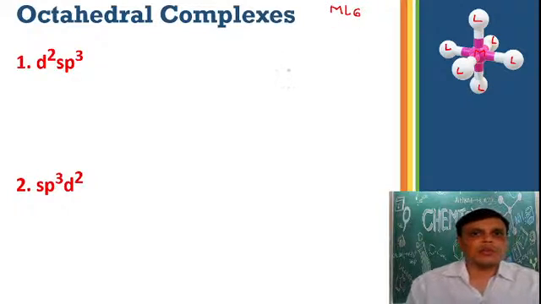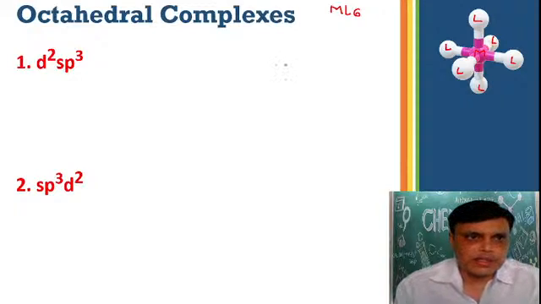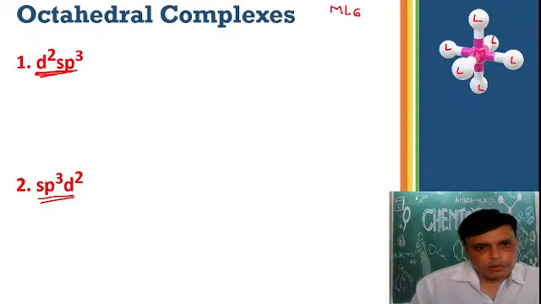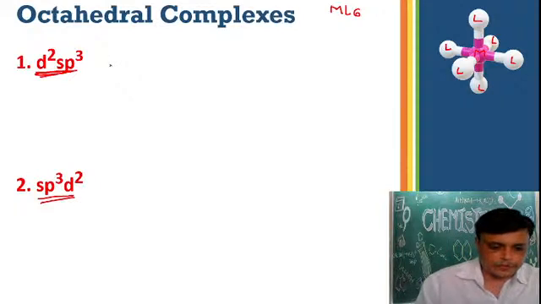ठीक है. Now these octahedral complexes again show two types of hybridization, d2sp3 and sp3d2. Now what is the difference, we will see one more time. ठीक है.